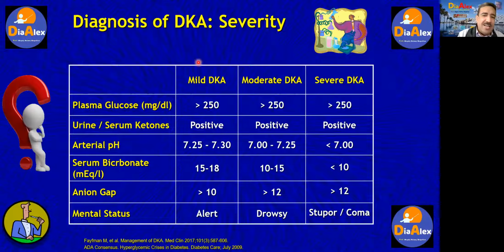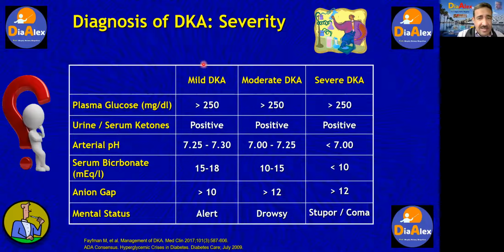If it's mild DKA, the patients can be managed in emergency departments, in the emergency room, in the ward. But if the patient is having moderate or severe DKA, the patient should be admitted to ICU.